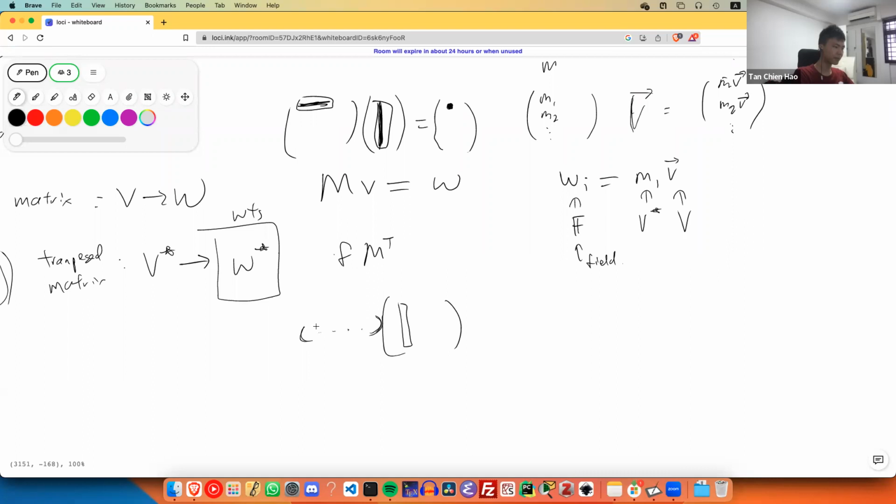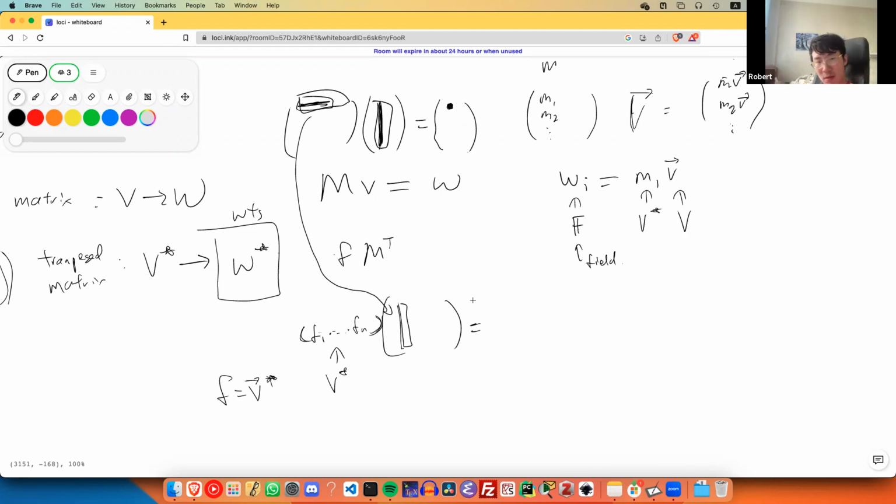So this is a row vector f1 to fn, and this one is an element of V star, and this produces, well, if the row here became a column here, then vf is just equal to the original vector but dual.